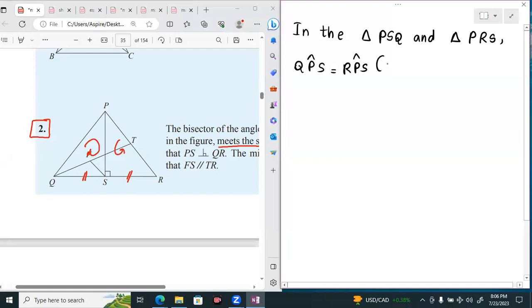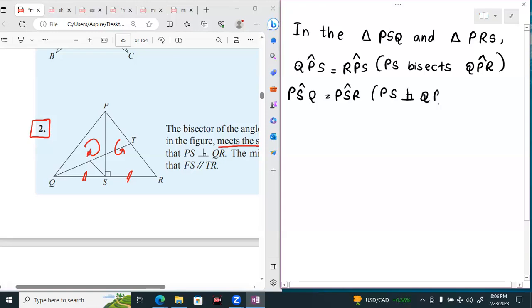It is because PS bisects angle QPR. And angle PSQ equals angle PSR. It's because PS is perpendicular to QR.